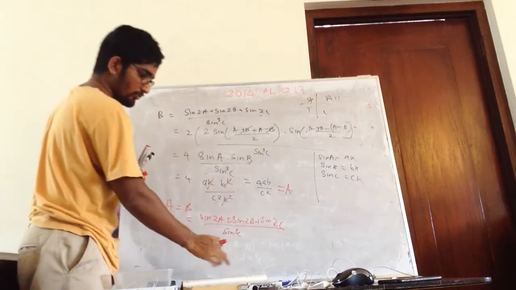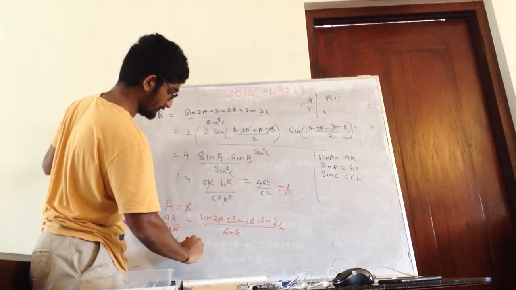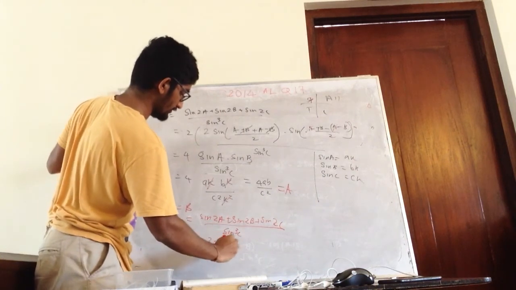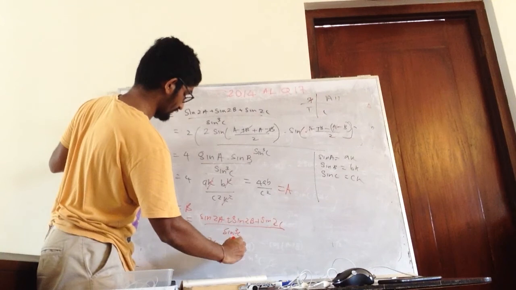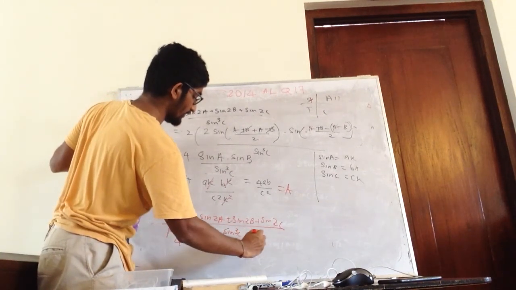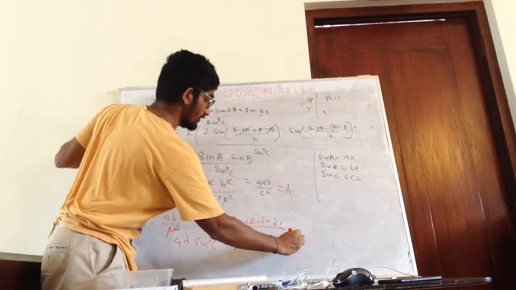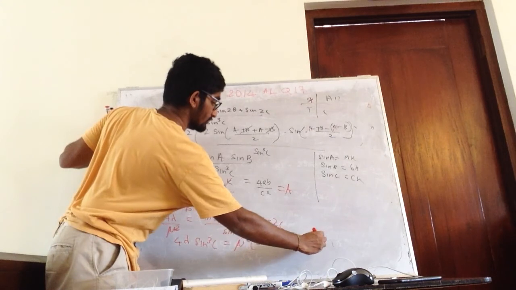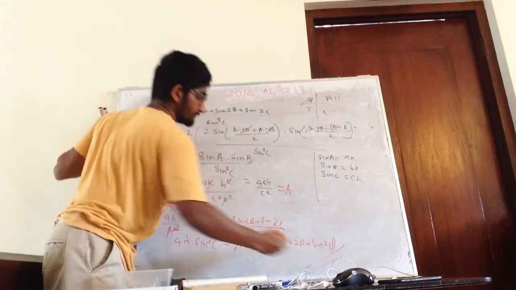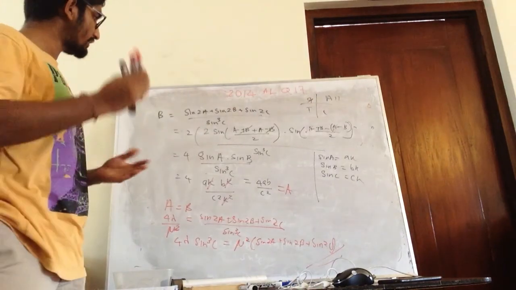So then you cross multiply and get the answer: 4 lambda sin cube C times mu square equals sin 2A plus sin 2B plus sin 2C. So we get the answer. Right? So that's basically it for this sum.